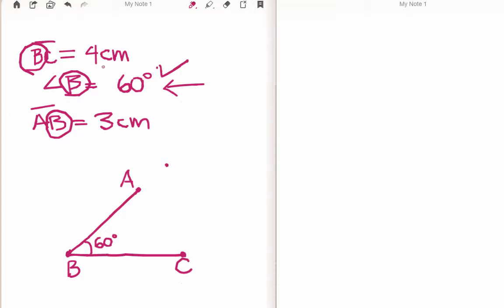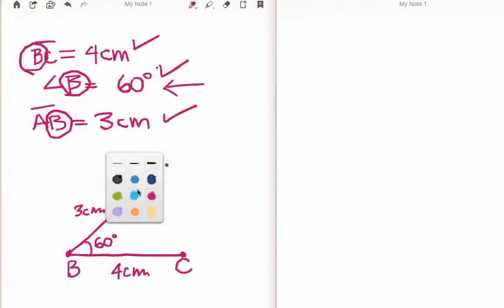I have my line segment B to C, which is 4 centimeters, check. And I have a line segment AB that is 3 centimeters, check. Awesome. So all I have to do to create a triangle is connect from point A to C, and I have a triangle based on the specifications I've been given.